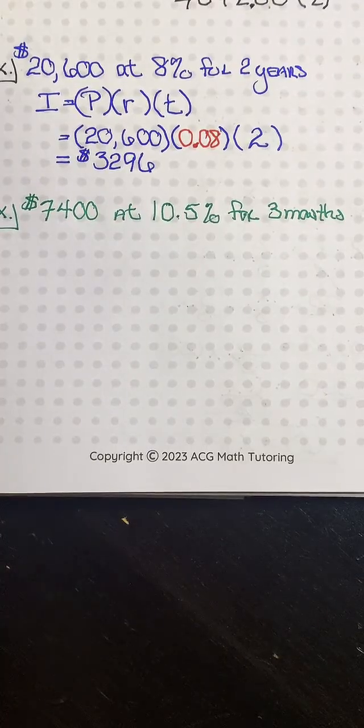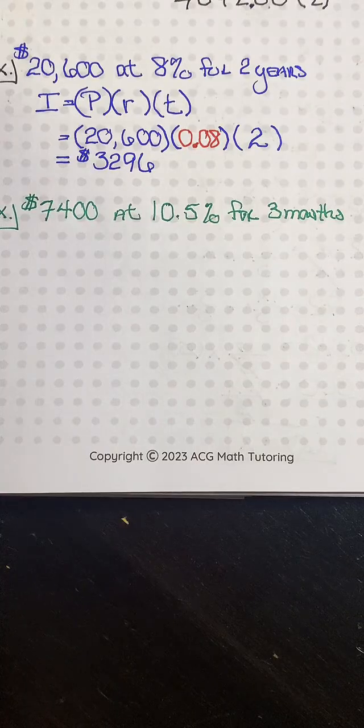Yep, that's all we're doing. This actually might be a short one today. I'm going to see if I can get into compound, just to kind of get into it. So we have $2,400 at 10.5% for 3 months.